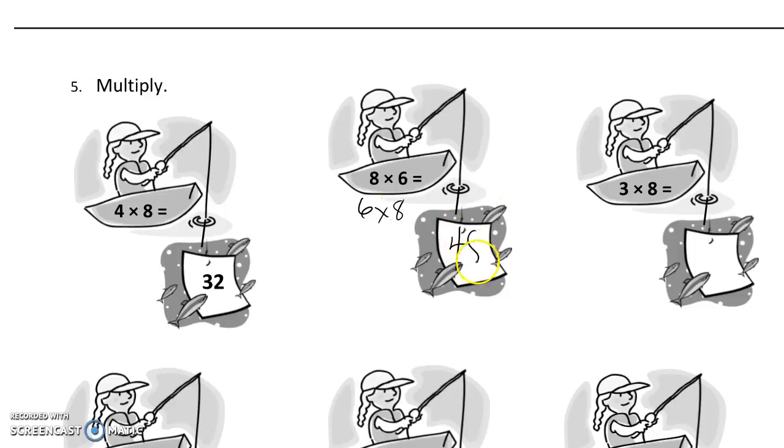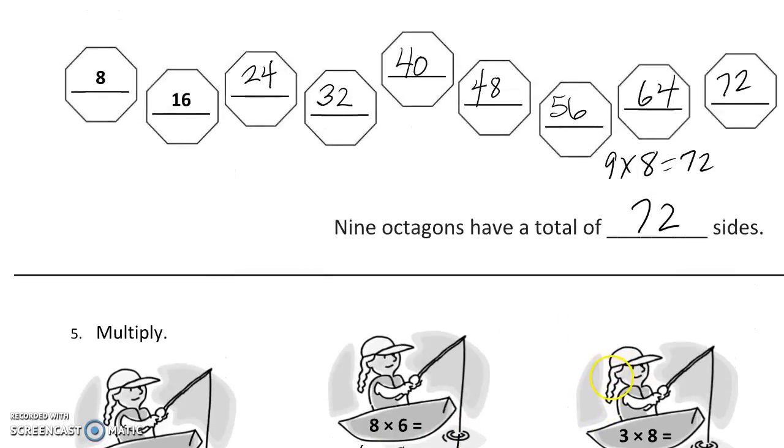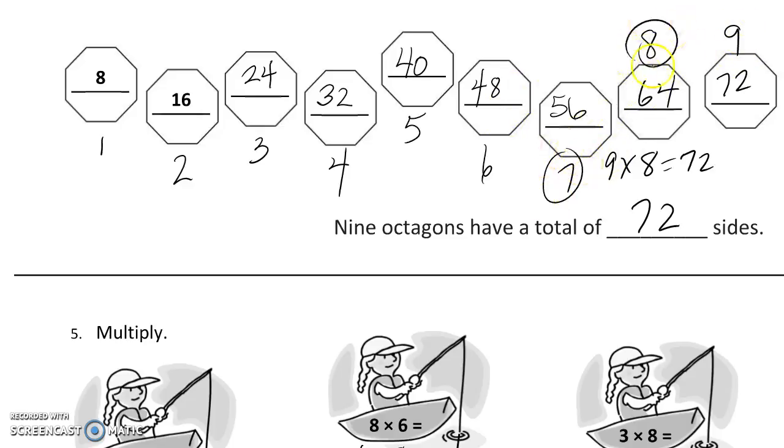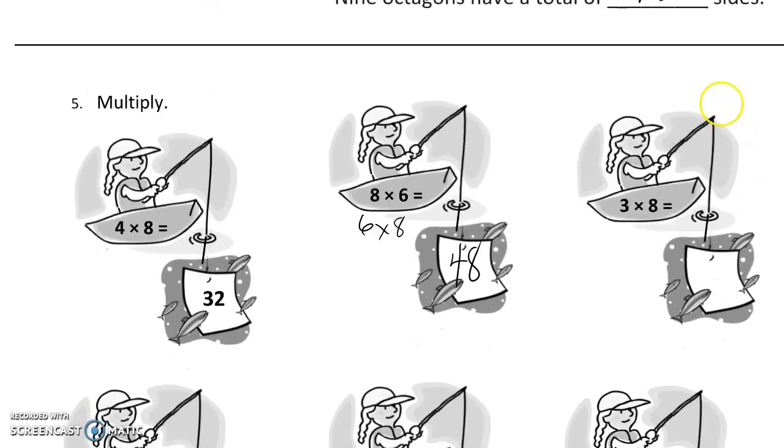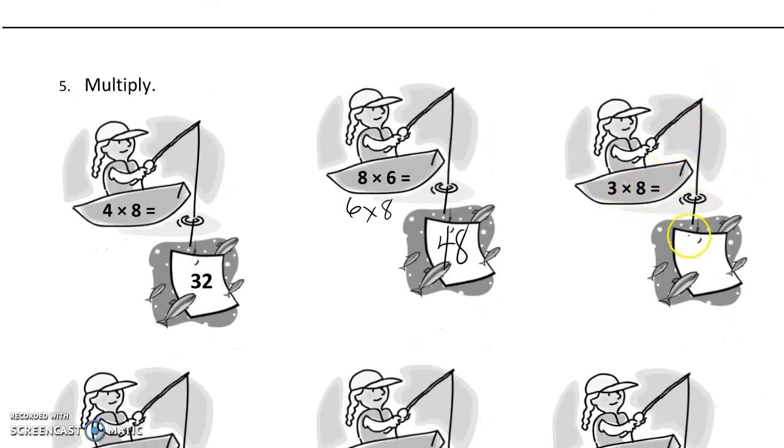And we get 48, right? So if you go here, this is 1 group, 2 groups, 3 groups, 4 groups, 5 groups, 6 groups. There it is. This is 7, 8, and 9. I'm going to circle those so they stay separate from my problem I wrote earlier. All right. Now we have 3 times 8, so that's 3 groups of 8, 24.